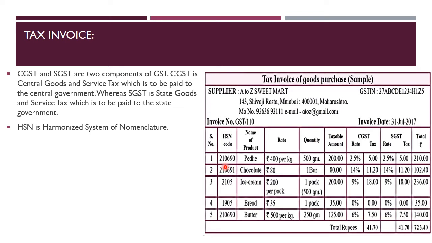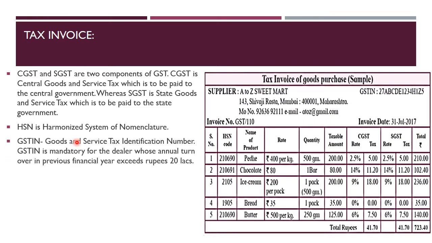Under it every single product or commodity gets a code which is called the HSN code. So when I say 2105, I'm talking about one of the ice creams. Each and every type of product is given a unique code under this nomenclature. Okay, that is HSN.